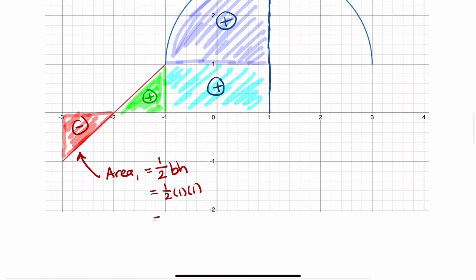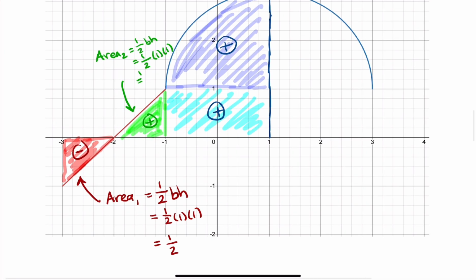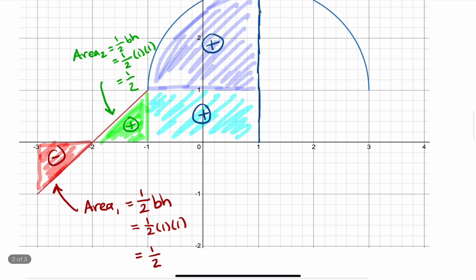And this just gives us a 1/2. And then for the region, the triangle that is above the x-axis, I'm going to go ahead and call this area 2. It's also 1/2 base times height with a base of 1 and a height of 1. And we get 1/2.